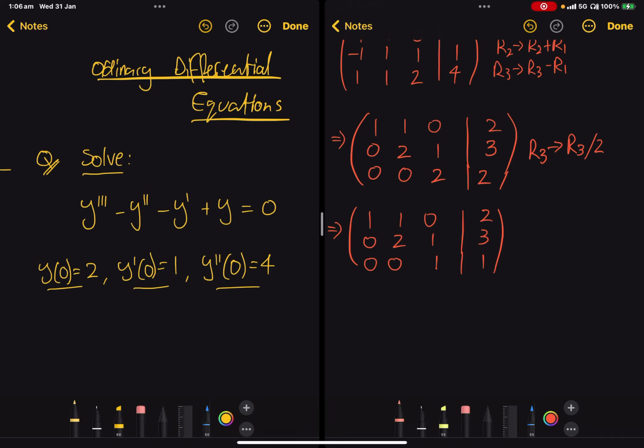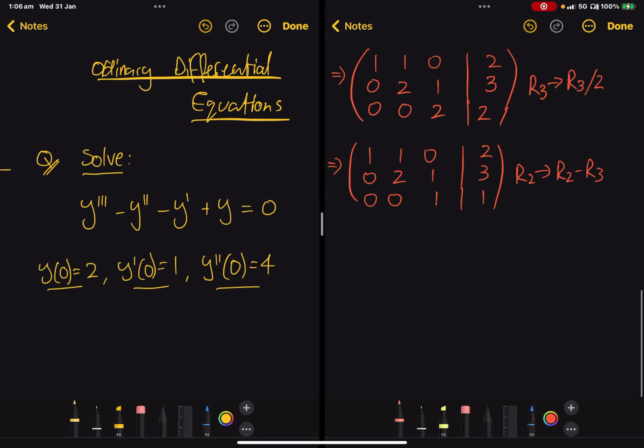And now I am going to subtract one lot of R3 from R2. So row 2, the new row 2, will be the old row 2 minus row 3. I'm doing this in a lot of steps because I don't want to mess it up. It's better to do this slowly and carefully than to rush it and completely mess it up. So now we have 0, 2, 0, 3 minus 1 is 2.